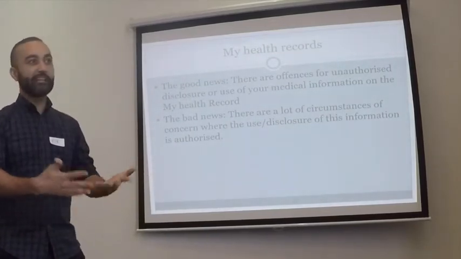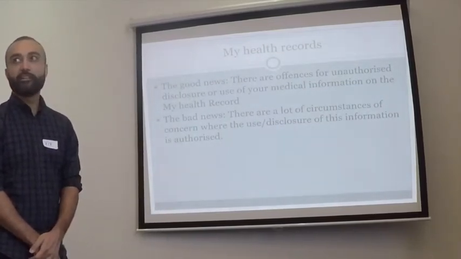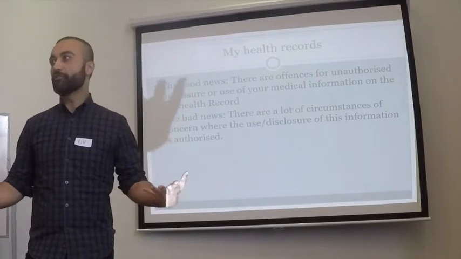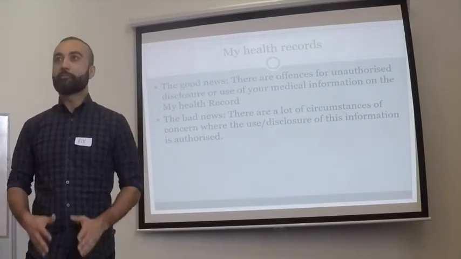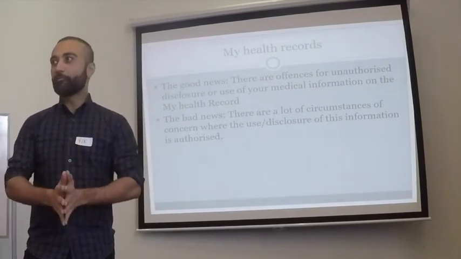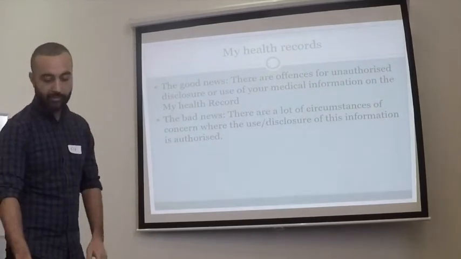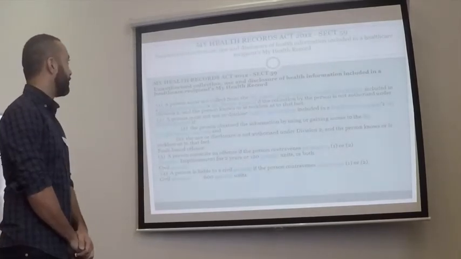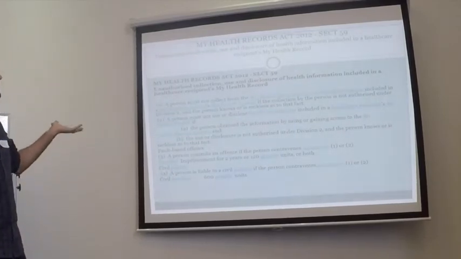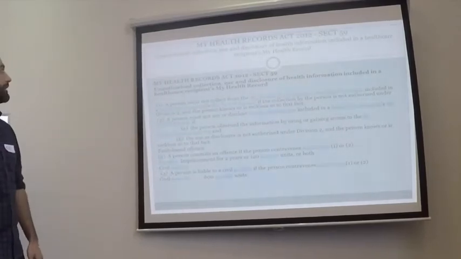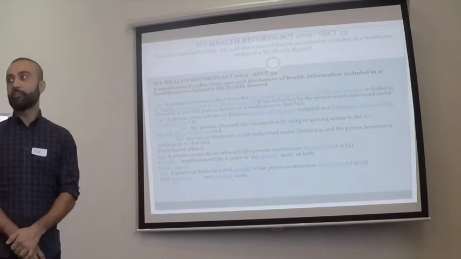There's some good news as Craig's explained to you the advantages of the system. I'm going to talk about the good news from the legal point of view, which is that there is an offence in the Act for unauthorized collection, use and disclosure of health information that's included in your My Health record.